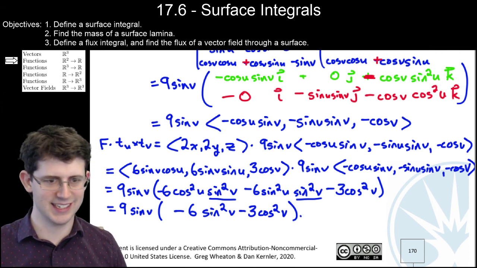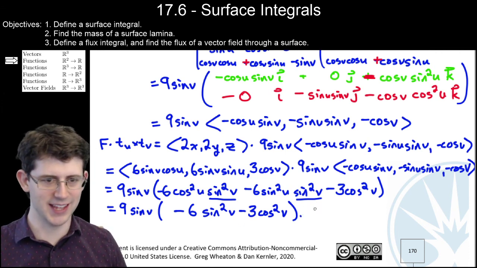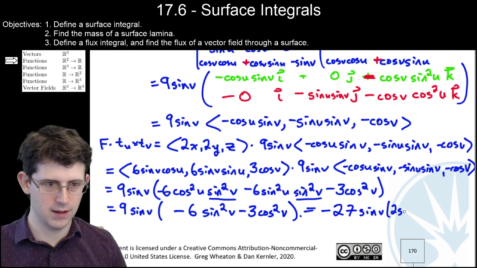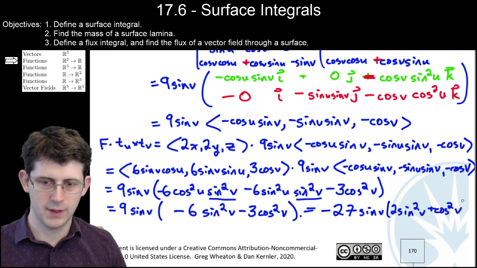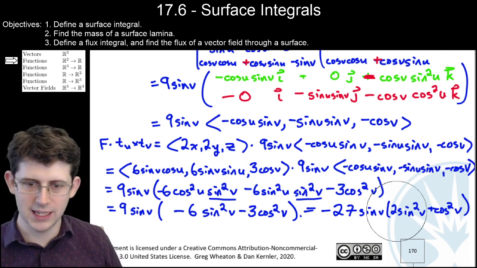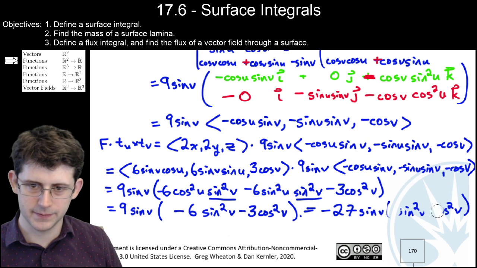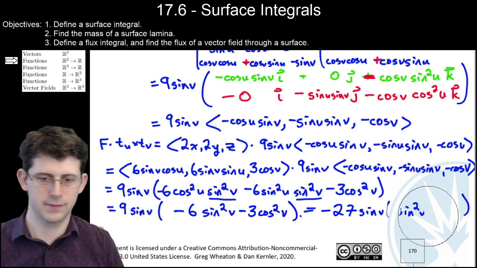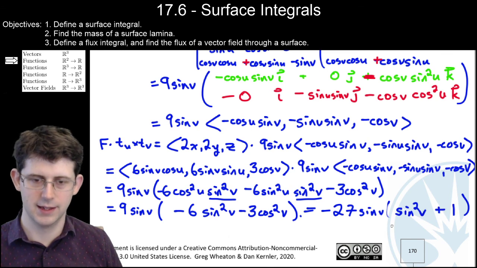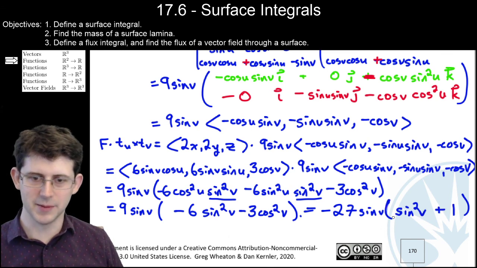There isn't much else good that happens here, so we'll just factor out the minus 3. I guess you could use sine squared v plus cosine squared v equals 1, so you'd have 1 extra sine squared v and a plus 1. But I'm not doing this integral by hand.